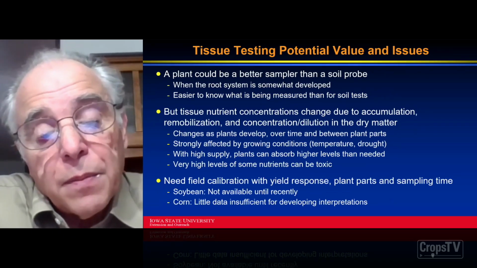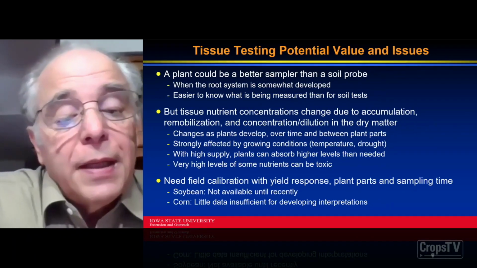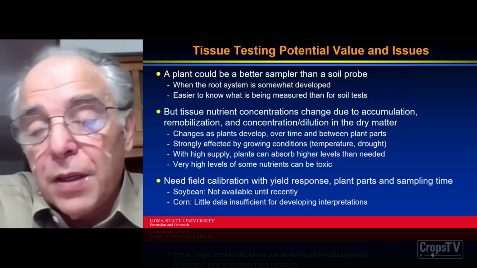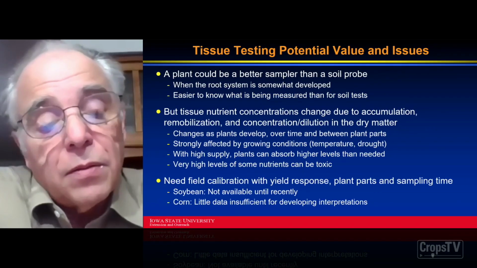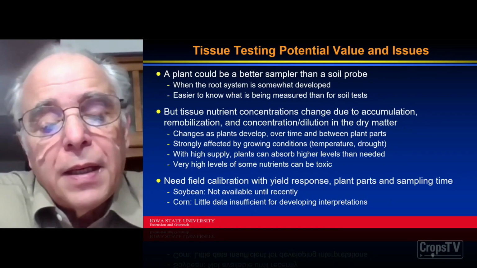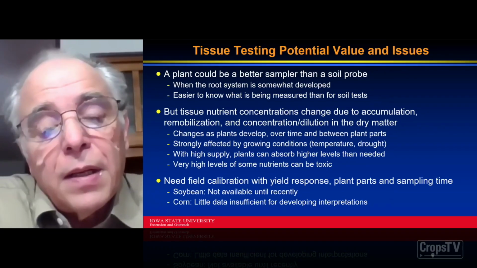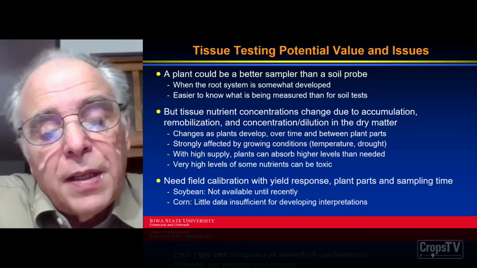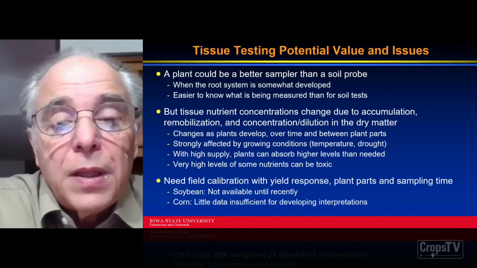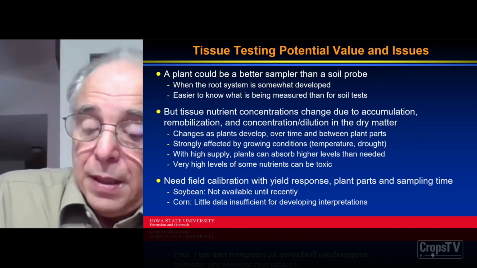Now, for soybean, we had no field calibrations for tissue testing until very recently, until about 3 years ago. And for corn, there was some data over the 70s mainly, and then something I did in the early 90s, but the data was insufficient to develop interpretations, okay?